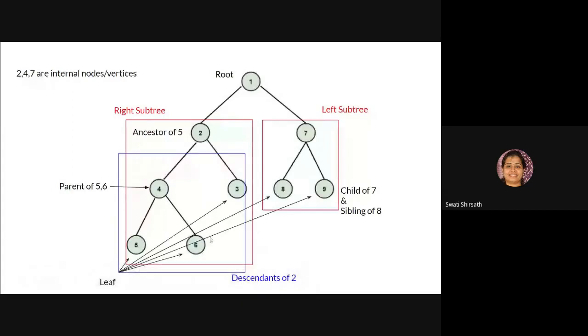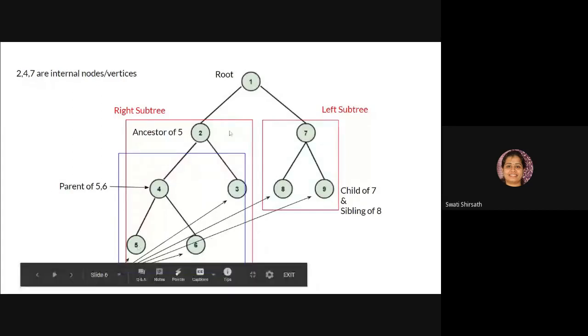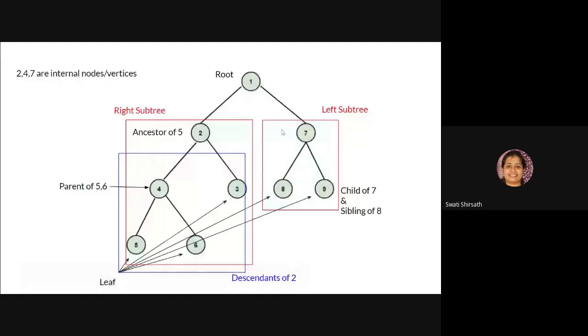Before that, I'll tell you what leaf vertices, children and parents are. Now, this root has two children over here. So 2 and 7 are children of 1, because they are produced by 1. Now 1 is the parent of 2 and 7.